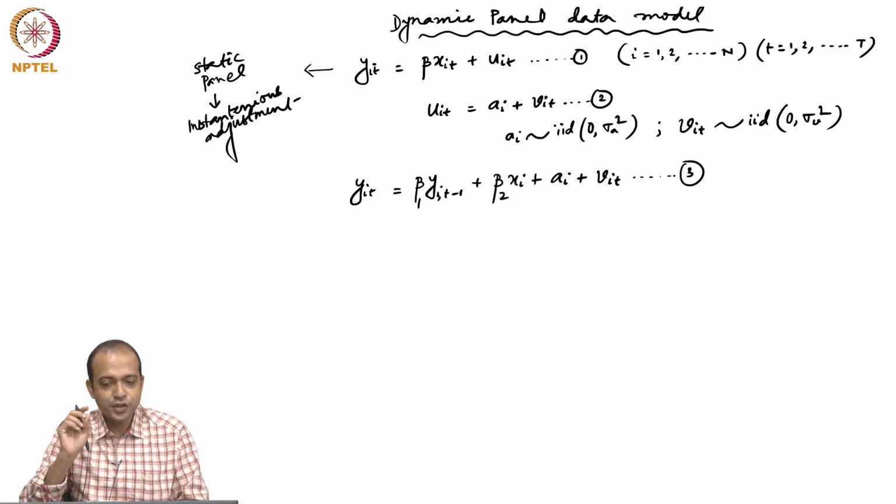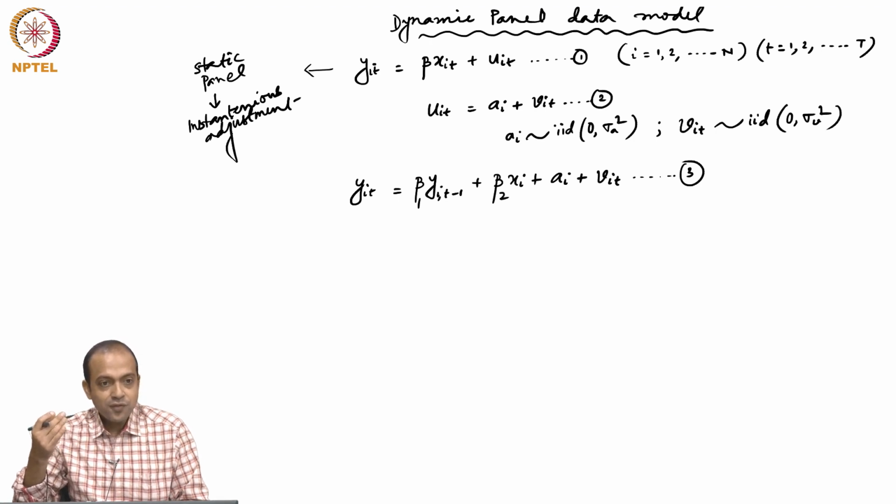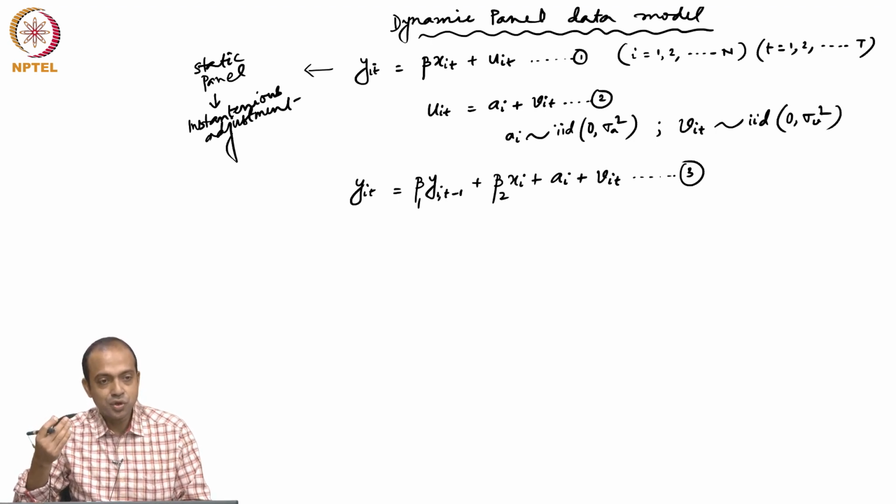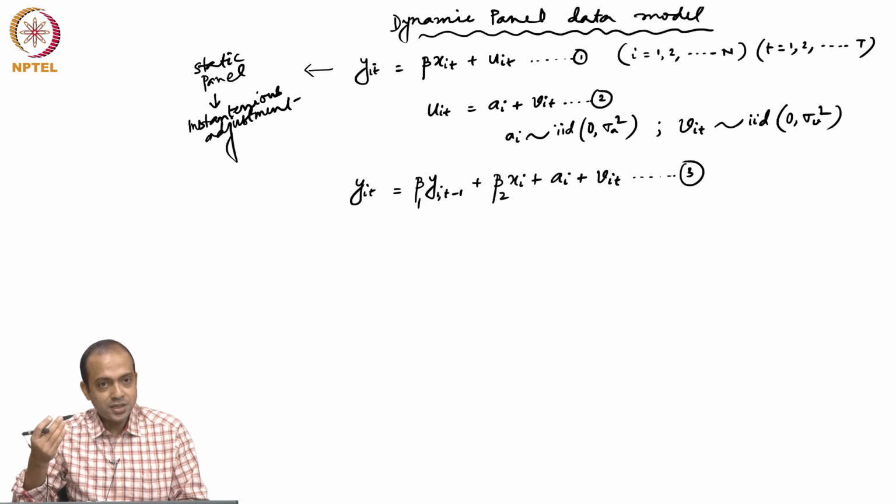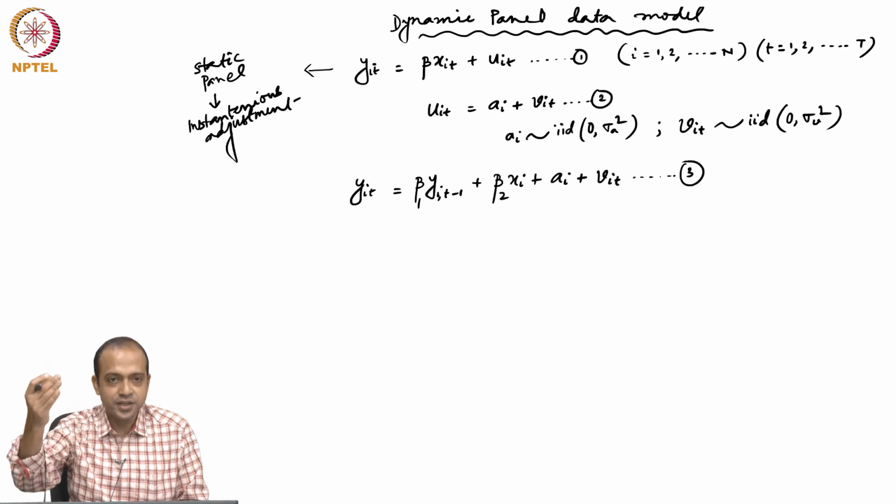Now, what is the difference between model 1 and model 3? In model 3, we have introduced a lagged dependent variable, and by introducing a lagged dependent variable, we are actually introducing dynamism in the system. If anything happens to y_i,t minus 1, that will carry forward into the next period.